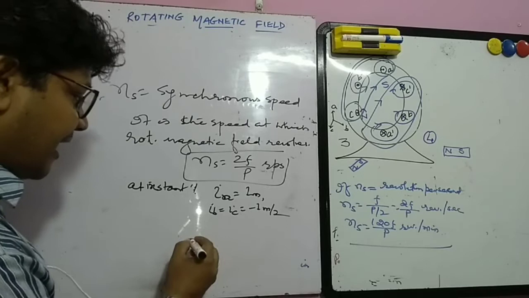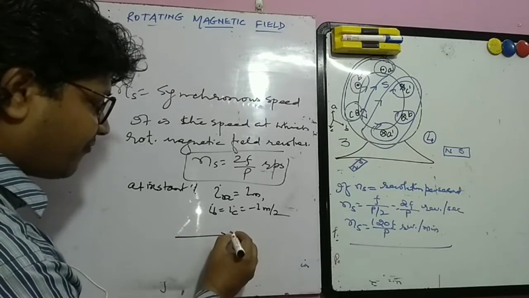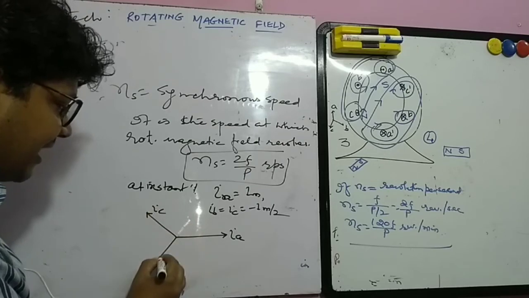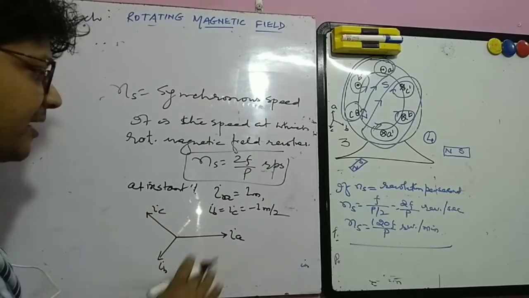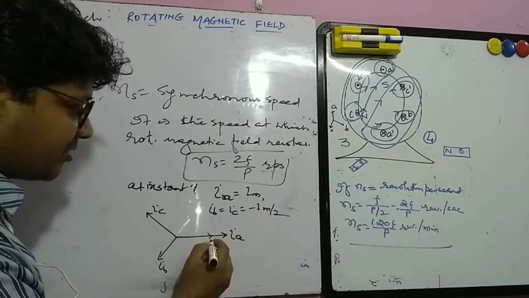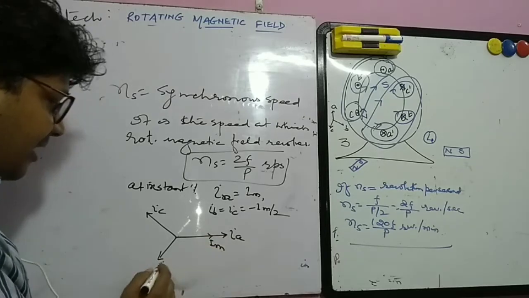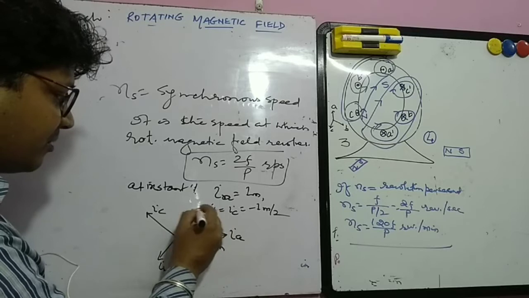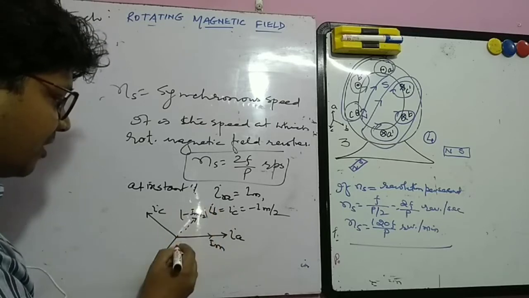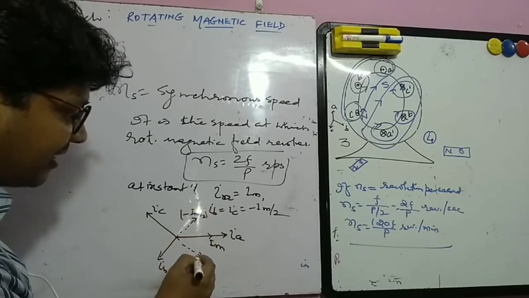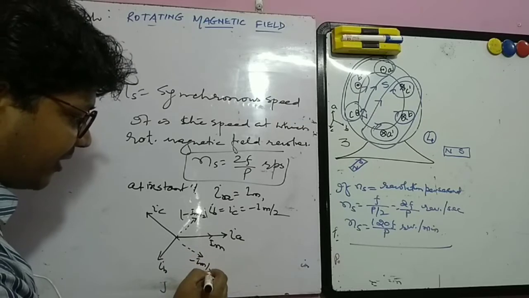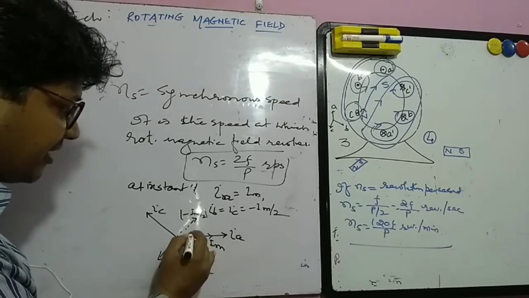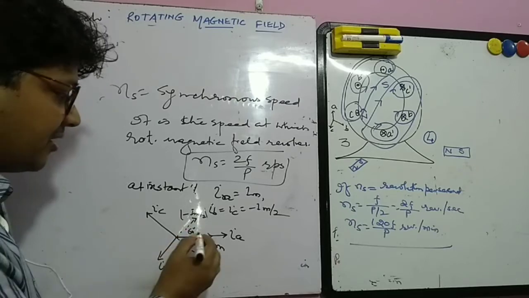If we take this as our phasor, this is Ia, this is Ic, and this is Ib. Ia is the maximum current, so this is Im. Ib is minus Im by 2, and Ic is again minus Im by 2, and this is 60 degree, and this is 60 degree, right?